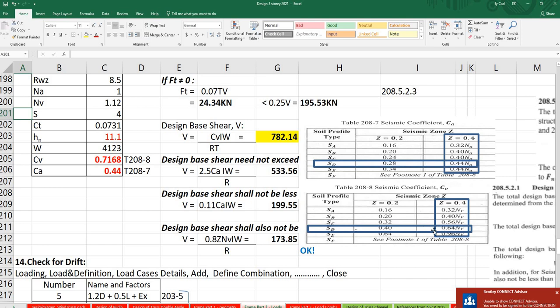Kaya, ang kukunin natin na CV is 0.64 times NV. Okay?